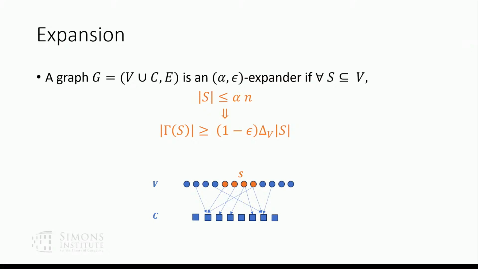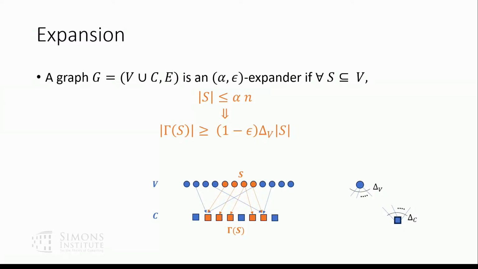So for example, if we have this set S, and we have degree delta_v, then we want the set of neighbors of S, which I'm going to denote by lambda(S), to be nearly delta_v times |S|. So nearly the maximal possible, where epsilon during the talk is going to be some small constant. You can think about it as like 1/20 or something. So this is what we need from the graph.